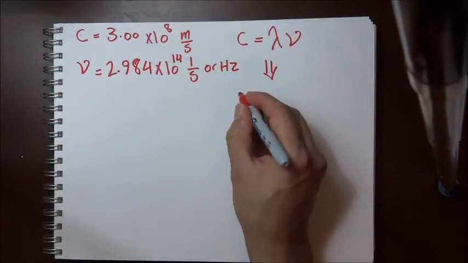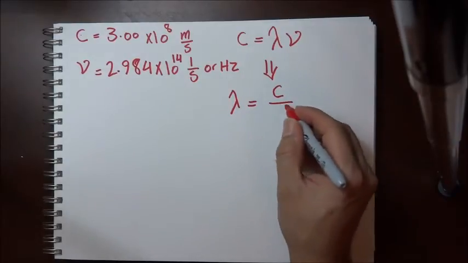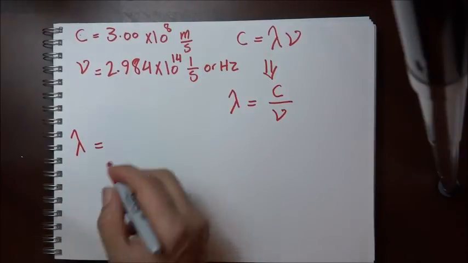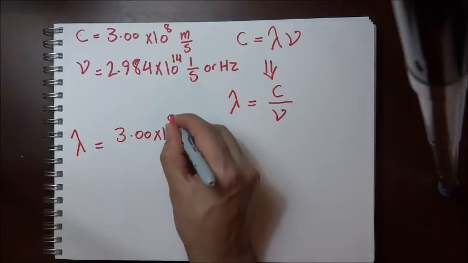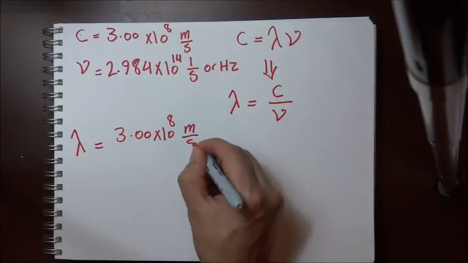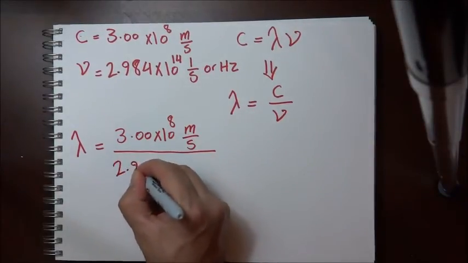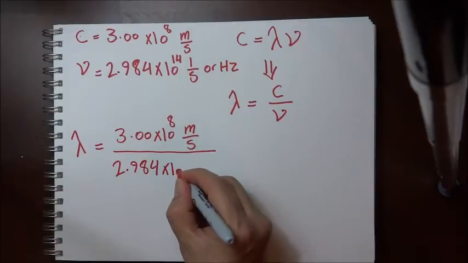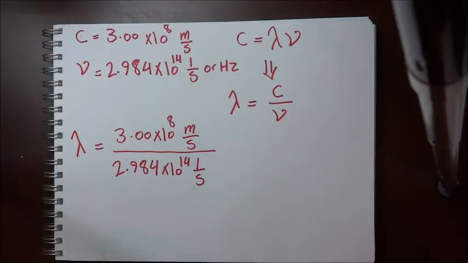So wavelength will be C over frequency. So wavelength will be 3.00 multiplied 10 to the power of 8 meter over second divided by frequency, which is 2.984 multiplied 10 to the power of 14 1 over second, or hertz.